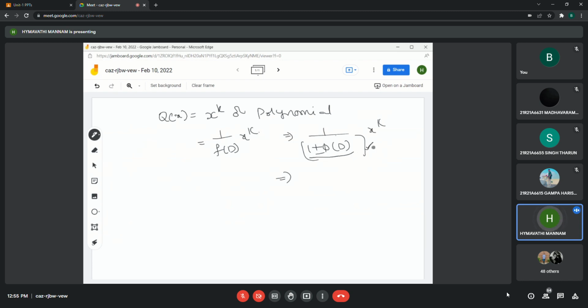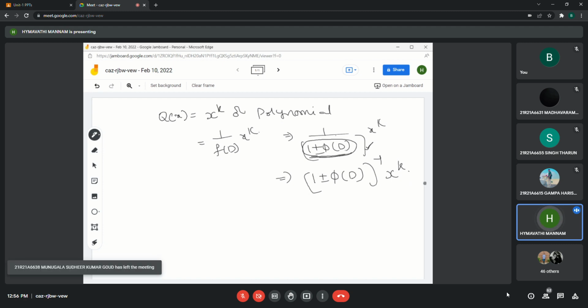To convert this into 1 plus or minus phi of D, take out the lowest degree terms as common, and then convert into this form. After that you can write in the numerator 1 plus or minus phi of D whole to the power minus 1 into x to the power k.